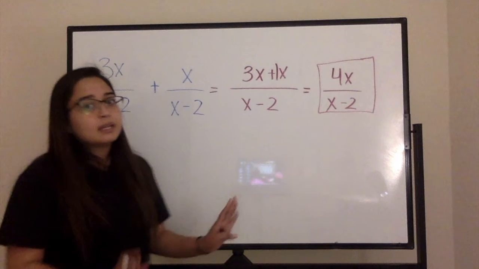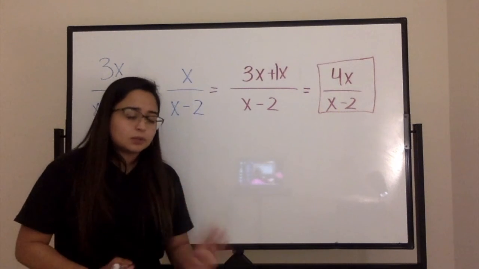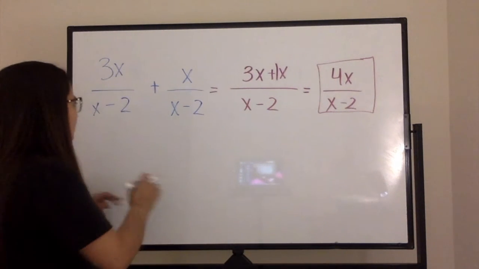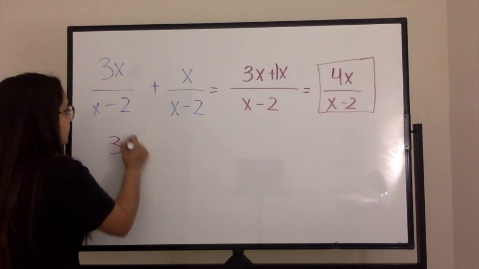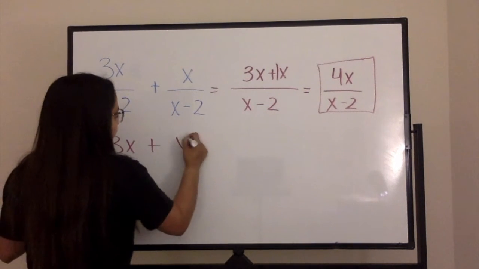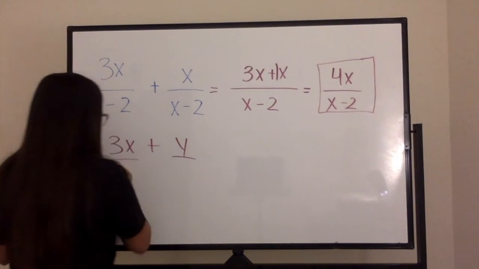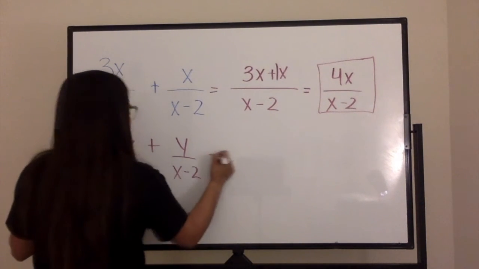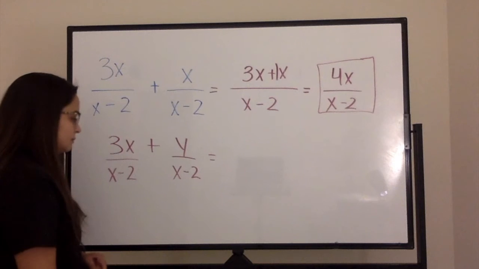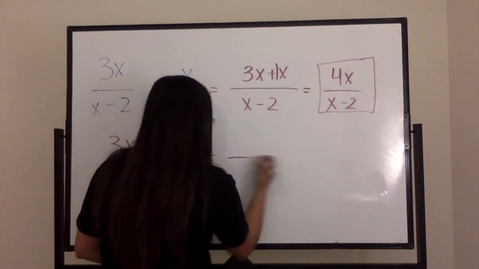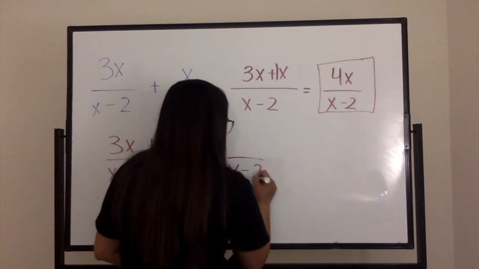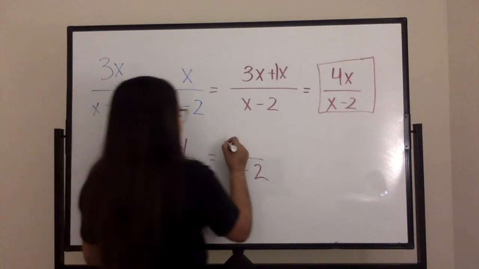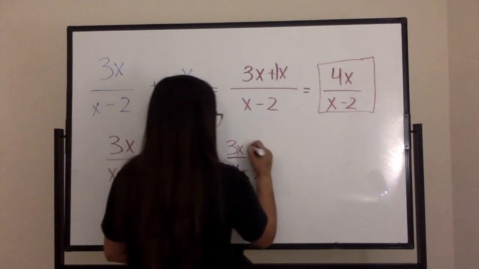Okay, now just so we cover it, let's say instead of it being x, it's y, but everything else is the same. Like this. Okay, our denominator stays the same. And we write out 3x plus y.